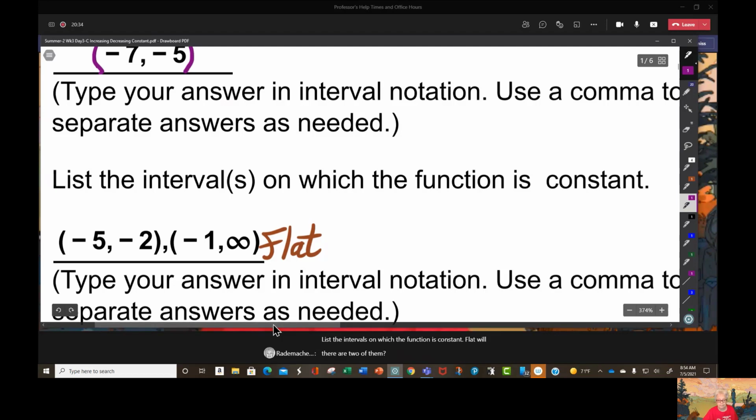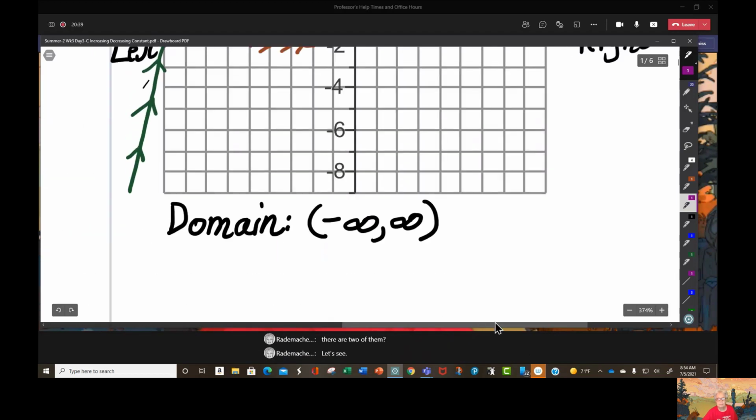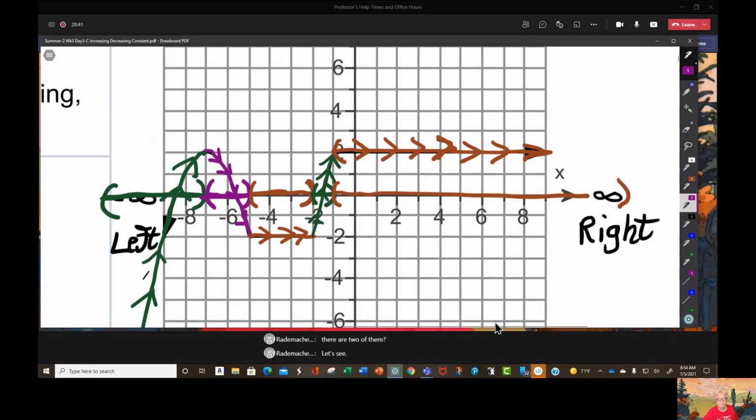Let's see. Flat. From -5 to -2 on the x-axis, and from -1 on the x-axis out to infinity on the x-axis.